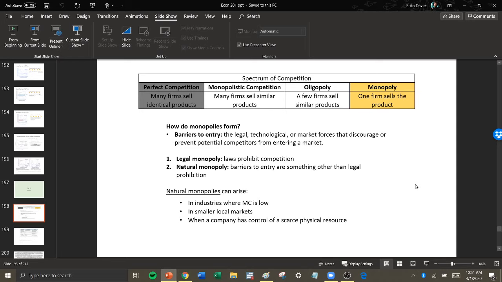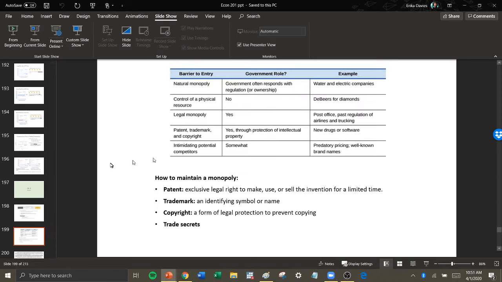A natural monopoly is, for example, if Liechtenstein has a gem deposit underneath it, then Liechtenstein has a natural monopoly over that gem. There are also legal barriers to entry: patents, trademarks, copyrights, and trade secrets. If no one knows how to make your thing, then no one can make it.